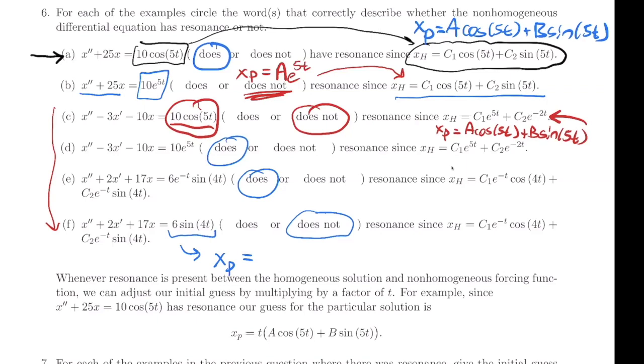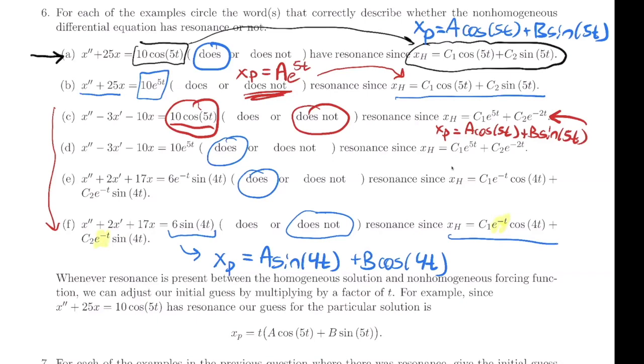So to answer Abraham's question about in 6F, why is there not resonance? The guess here, right, would be this, which is not exactly the same as that one exactly because of this stuff here.